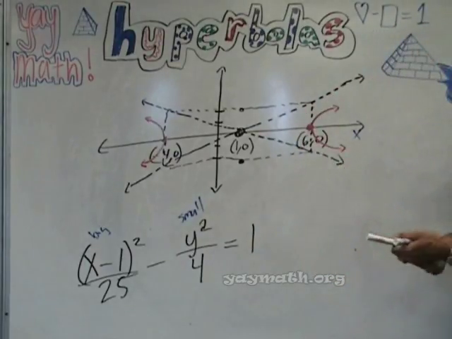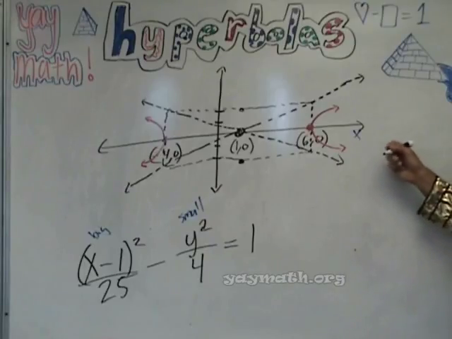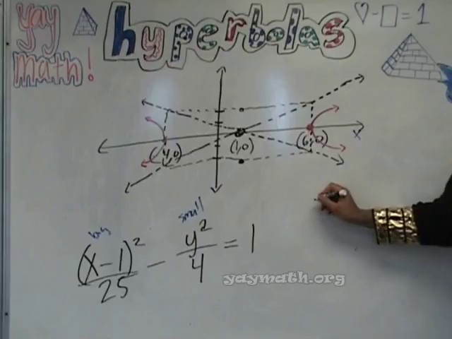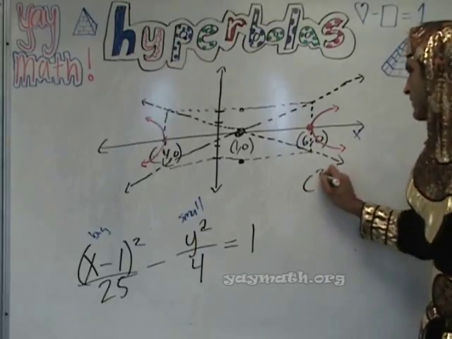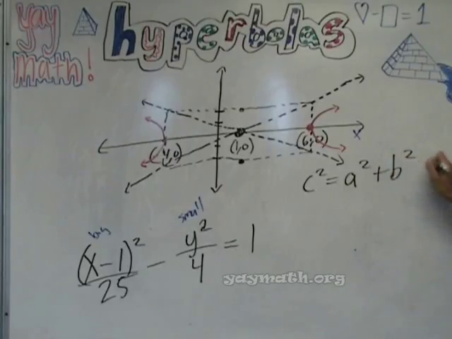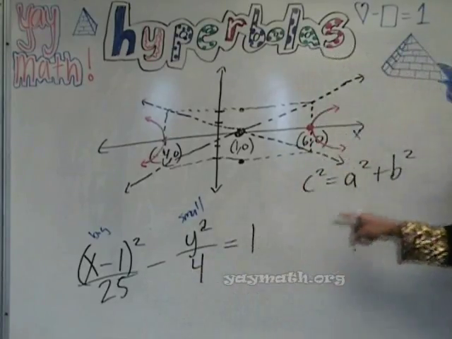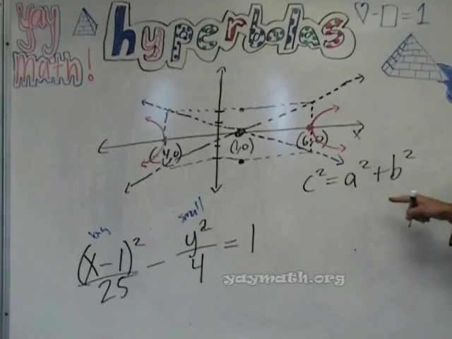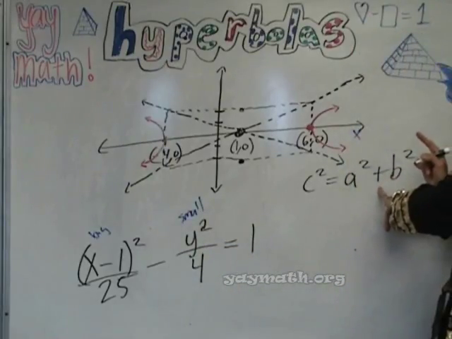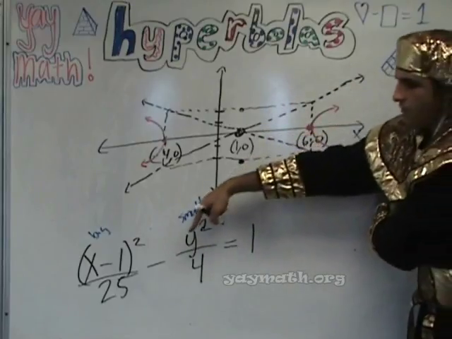Okay. All right, so let's do foci first. Equation for foci: c squared equals a squared plus b squared. Minus in the hyperbola equation, plus in the focal one. If this is minus, that means it's a hyperbola, in which case that's a plus over here, right?